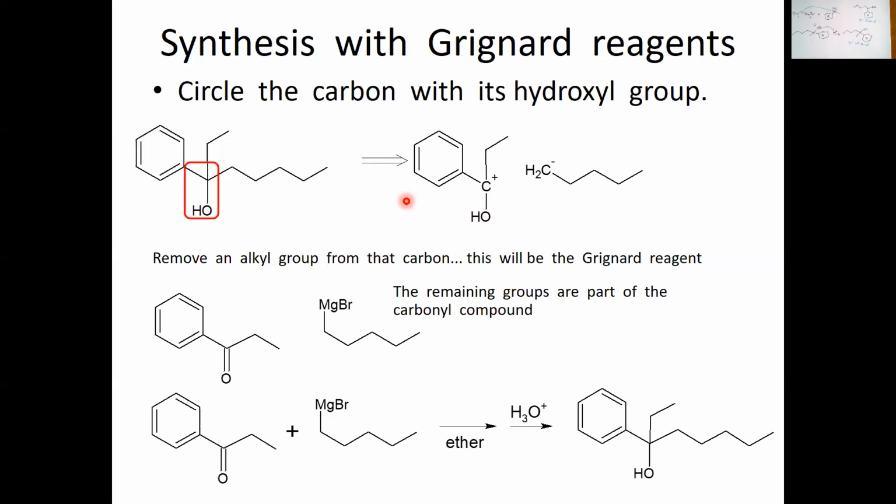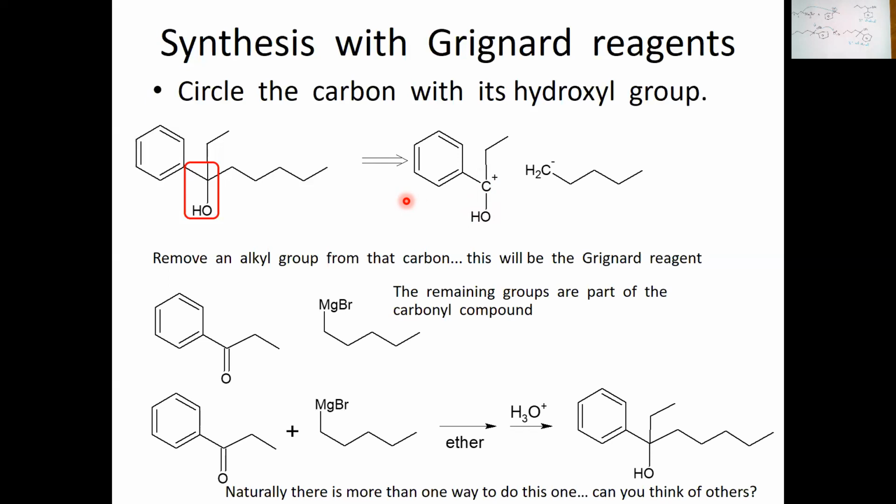Here's what the whole forward synthesis would look like. Combine the Grignard and carbonyl, and then you must follow up with acid. The acid cannot be part of the first step with the Grignard. It's a big deal, unfortunately.